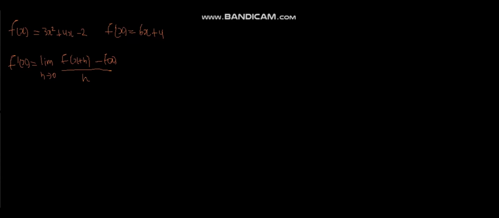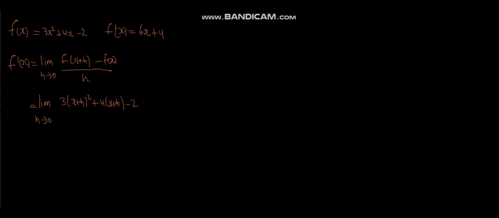So we have the limit as h approaches 0. Now wherever we see x in the function f of x, we put x plus h for the f of x plus h part of the formula. So we say 3 times (x plus h) all squared plus 4 times (x plus h) minus 2.